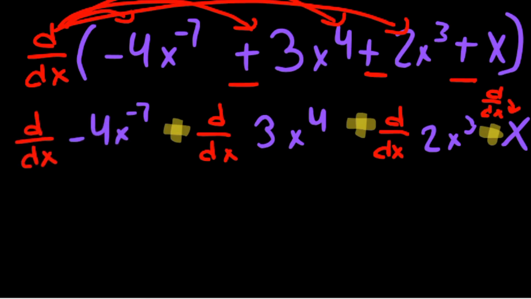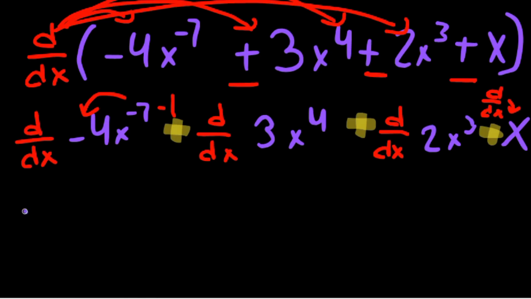All right, let's go through this one by one. Let us use the power rule again here. So negative 7 drops down, leaving 1 minus 1 behind. Again, if you want to pause the video and try to solve this for yourself, please feel free to do that.